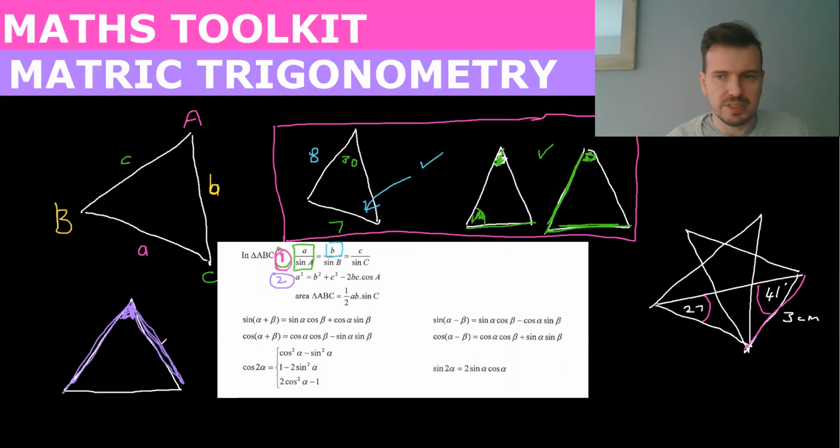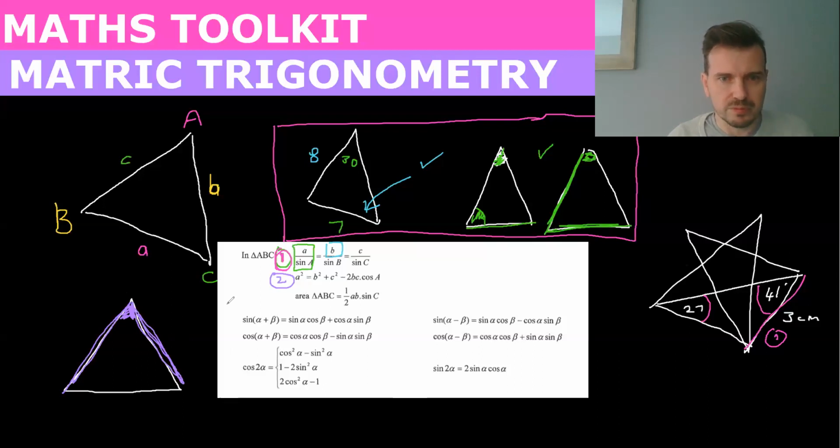Then you would use the rule number 2. So this here, rule number 1, it's in pink because we're given an angle and an opposite side and another angle. You have to be given two things that are opposite each other. But if you're not given something opposite each other, so you're given the two sides and then the angle in between it, then you will use the rule 2.